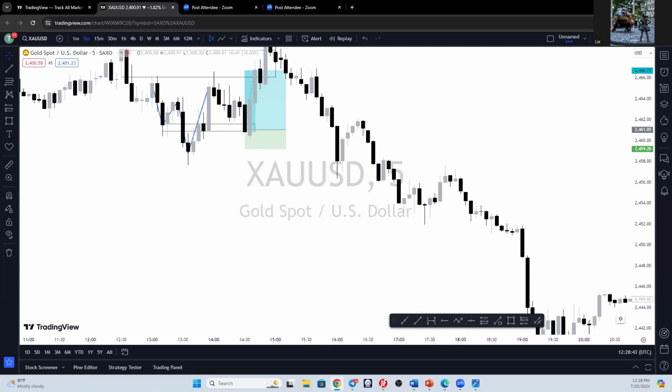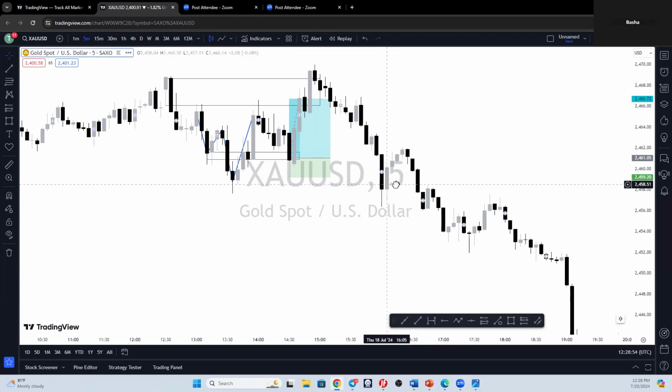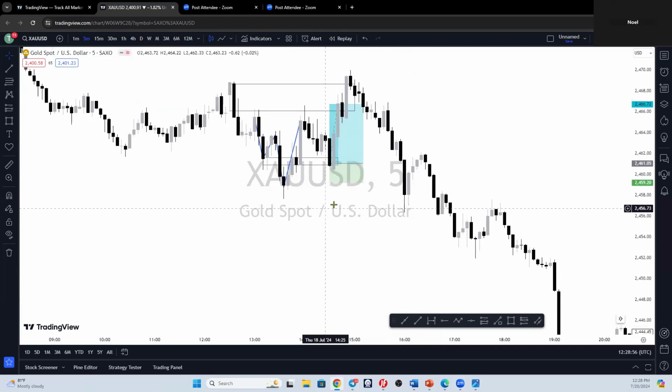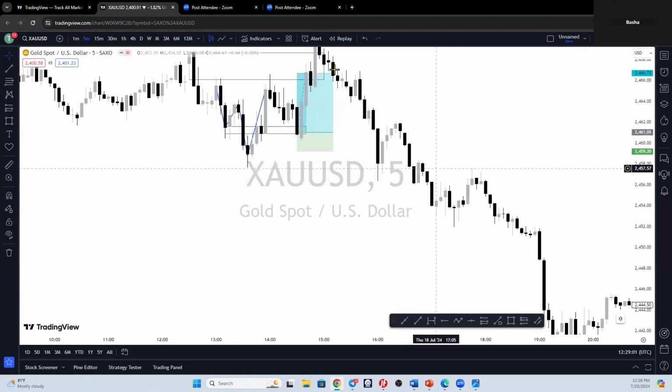Yes, I have one question. Okay, go on. Actually, when you showed us with the line chart, before the engulfing failed, we have like 2 to 3 bases.